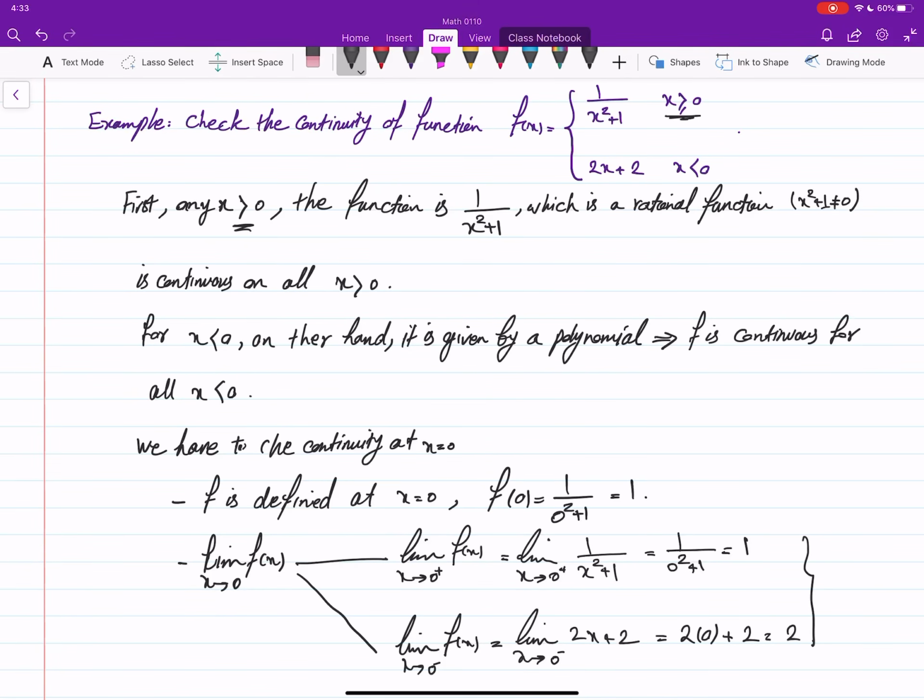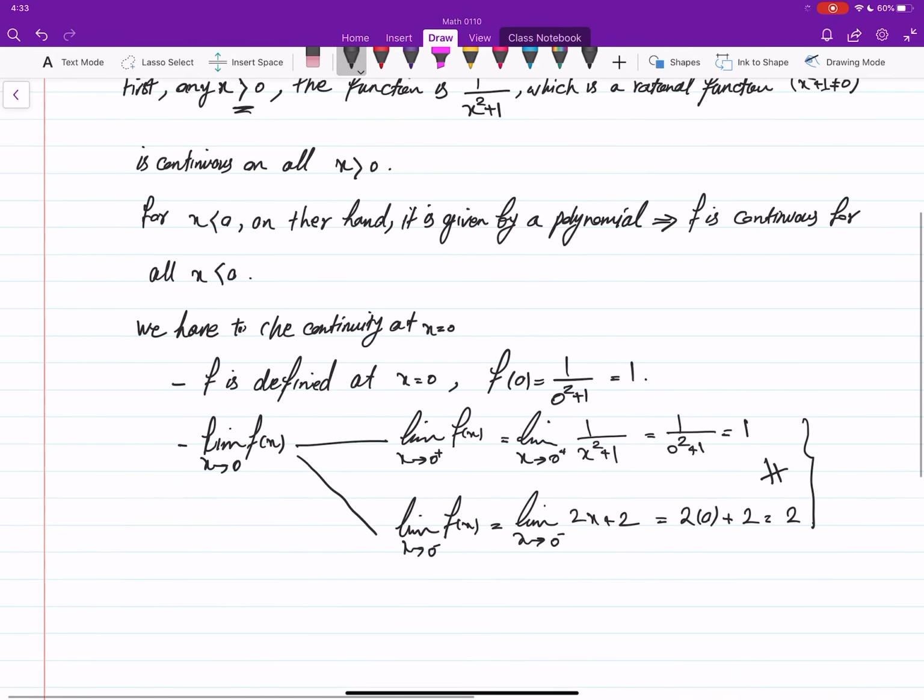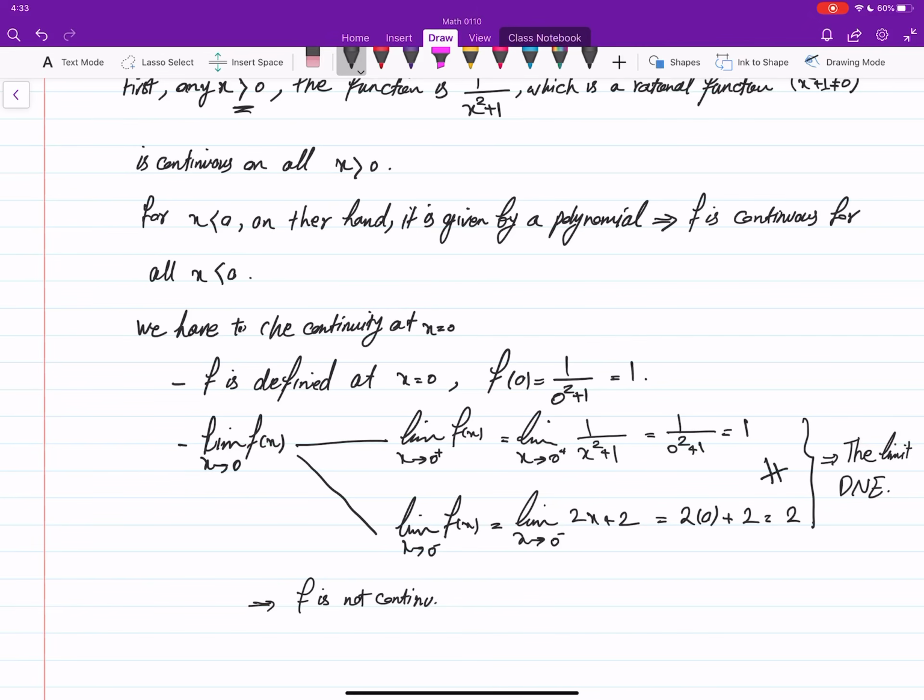Since these two limits are not equal, the function doesn't have a limit at 0. So the limit does not exist. Then the second condition failed, and we conclude that f is not continuous at x equal to 0.